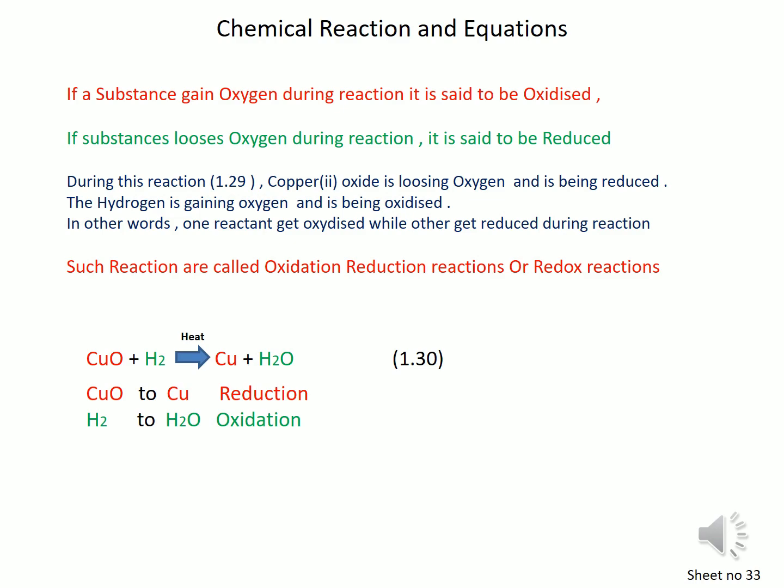Now let us see the definition of this reaction. If a substance gains oxygen during a reaction, it is called oxidized. It is very simple to remember. If we gain oxygen, it is oxidized. When a substance loses oxygen during the reaction, it is reduced, meaning we are reducing the oxygen.